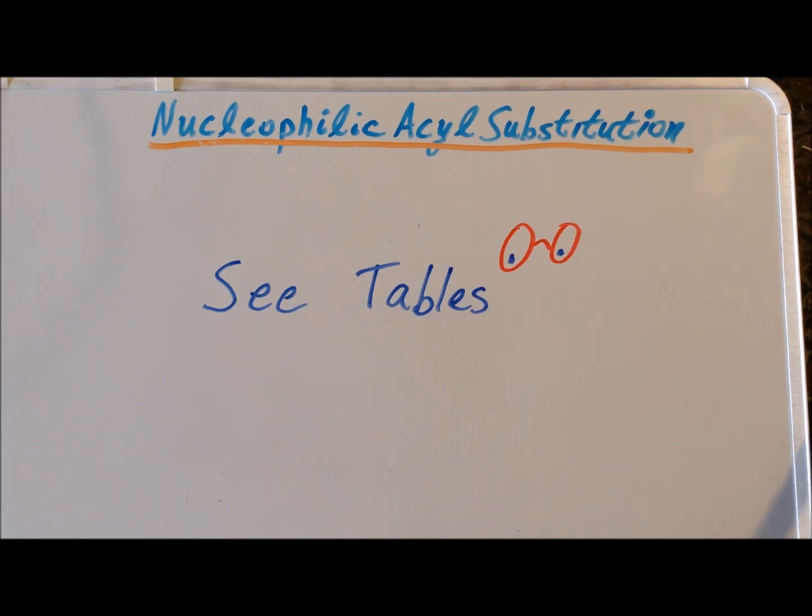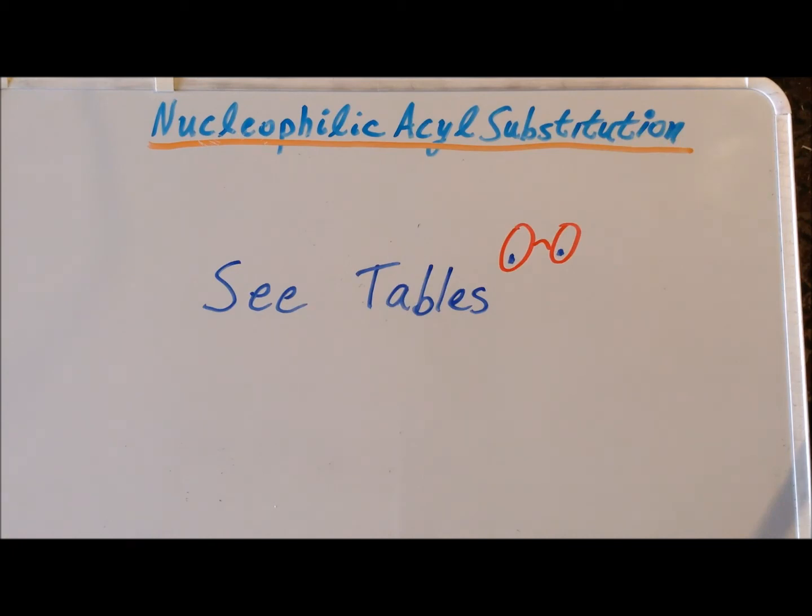Please see the two following tables. The first table shows the enthalpy of reaction and the energies of activation for the nucleophilic acyl substitutions, where we form the amides from the acid chlorides. In the second table, we are comparing the energies of activation for the transition states between the acid chlorides and the chloroalkanes.